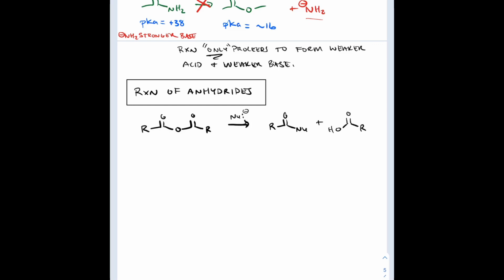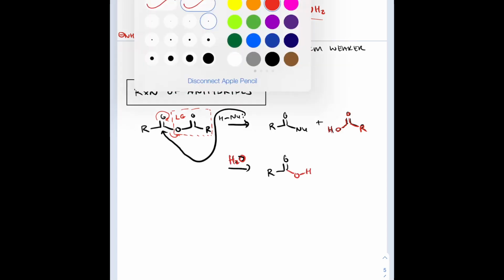The nucleophile can attack, and you end up with pretty much a carboxylic acid or carboxylate, which I haven't drawn, and then we end up with a new carbonyl compound with a nucleophile on there. The leaving group in this case would be an acetate, but depending on if it's basic medium or acidic medium, we could get acetic acid or acetate. So the leaving group I circled in red, and on the right side I wrote it in red.